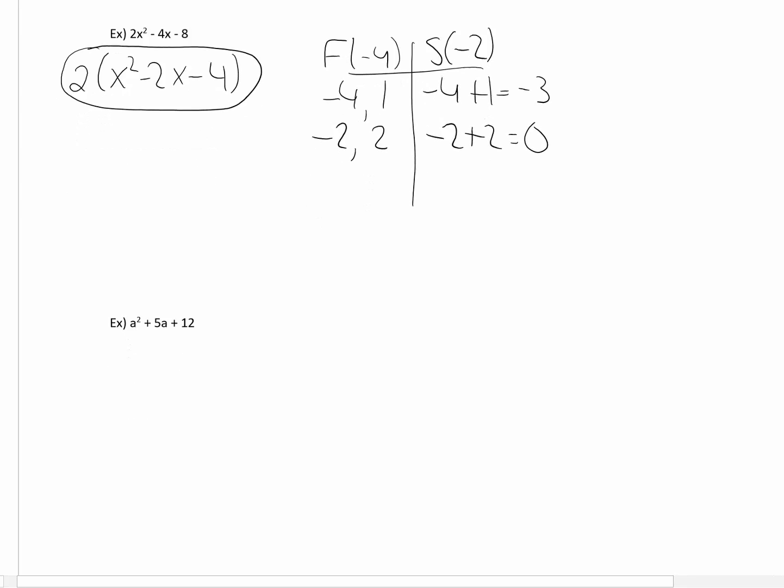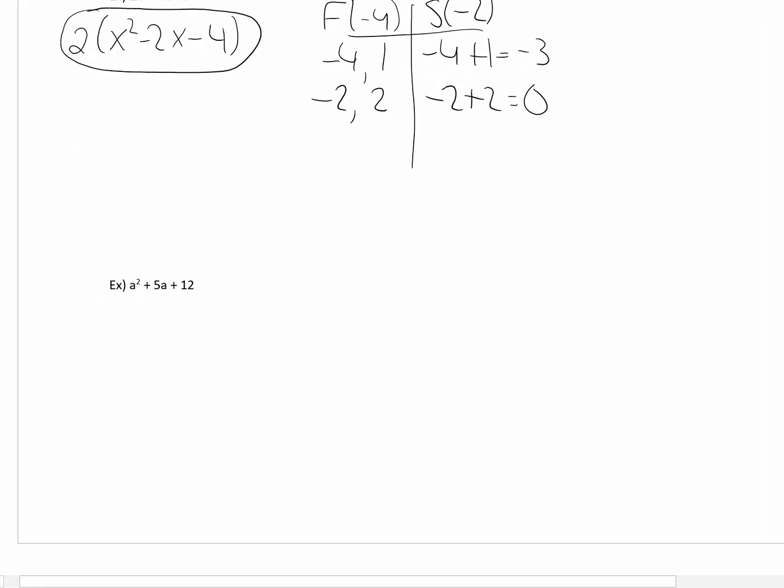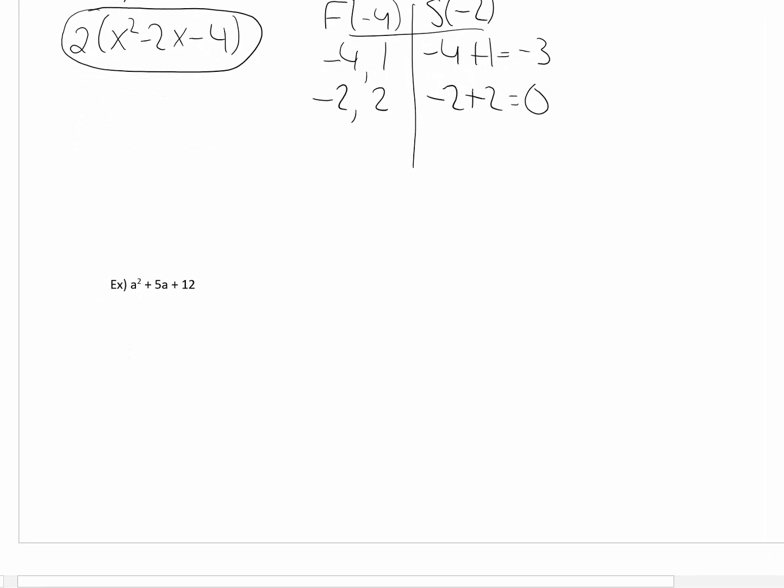Okay, one other example I want to take a look at. So again, first question. Is there a greatest common factor I can take out of all the terms other than 1? And that's no. So again, 3 terms. So I want to find factors of 12 whose sum is 5. Both factors have to be positive.